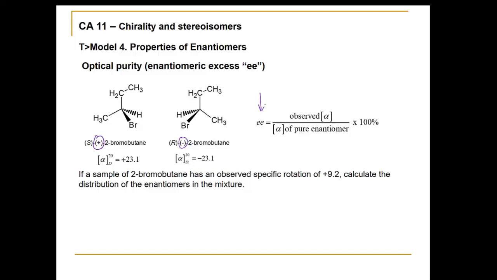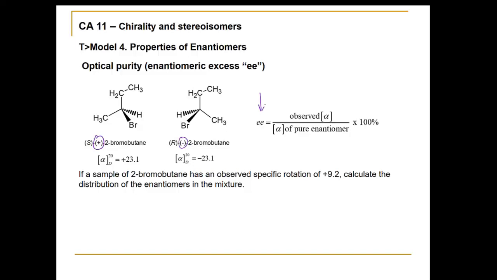But let's say we have a mixture of enantiomers where there's an excess of one over the other. You can imagine that the excess of one would pull the rotation either in the positive or negative direction. And we can calculate how much excess there is of that particular enantiomer, and hence the calculation of enantiomeric excess.